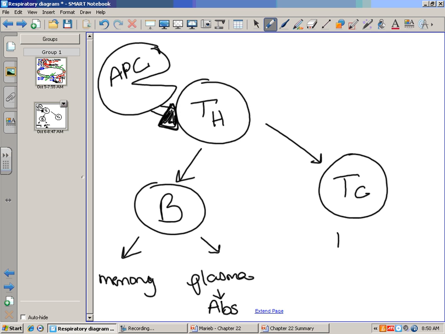Secretes little toxic chemicals to kill other cells. Very good. So that TC cell can go kill the bacteria that attacks you, or he can kill your cell that the bacteria's in just to get rid of the bacteria. He's pretty tough. You don't want to make him mad. So you got to make sure TH gives TC permission so he don't just start killing all the cells in your body. All right.